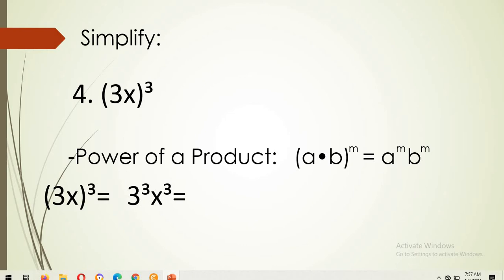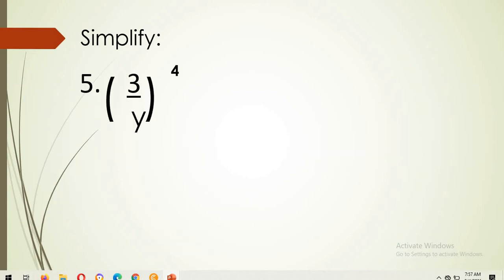So, magka-come up ka ng 3 raised to 3, or 3 raised to cube, and x raised to cube. Okay? But we need to simplify 3 cube, which is 3 times 3 times 3, and that is equal to 27x cubed.